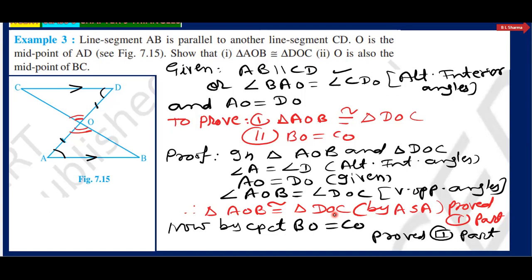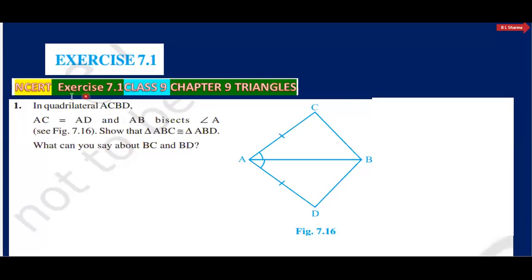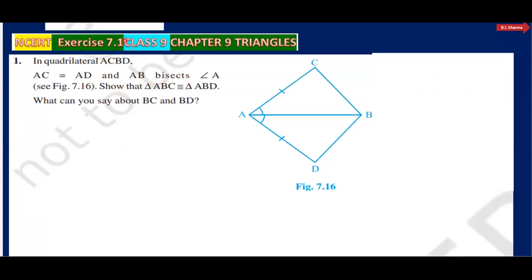Now we will start exercise 7.1. This is NCERT exercise 7.1, class 9, chapter 9, that is triangles. And this is question number 1 on your screen.